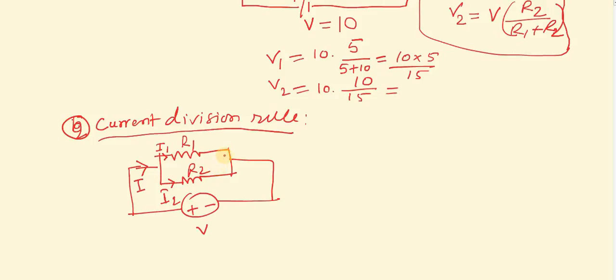And the rule is, this current division rule, the current through R1, I1, is equal to the total current into the other resistance, that is R2, divided by the sum of R1 and R2.